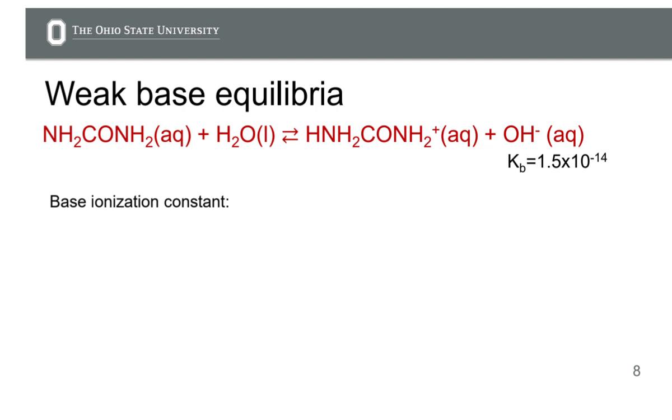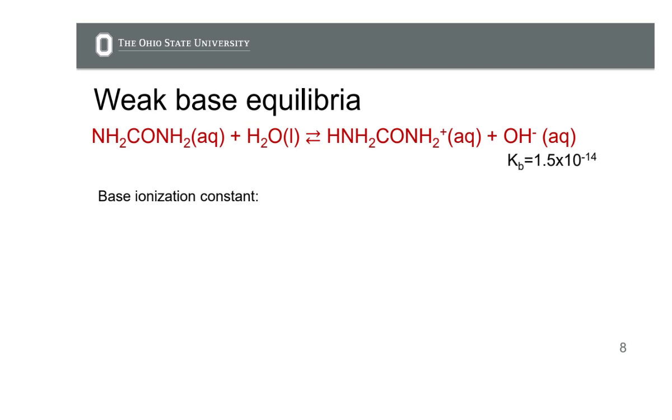For weak bases, again, we can write a Kb value, the base ionization constant, or the equilibrium constant for a base. We'll call that Kb. Now, as you see, this is a molecule called urea. That is a big, long formula that is annoying to write out.